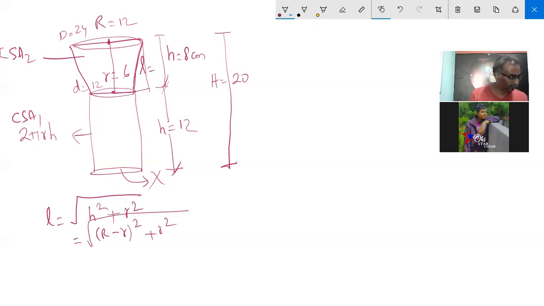R is 12, small r is 6, plus 6 squared. That is equal to 6 squared plus 6 squared. Sorry, h squared plus R squared, right?